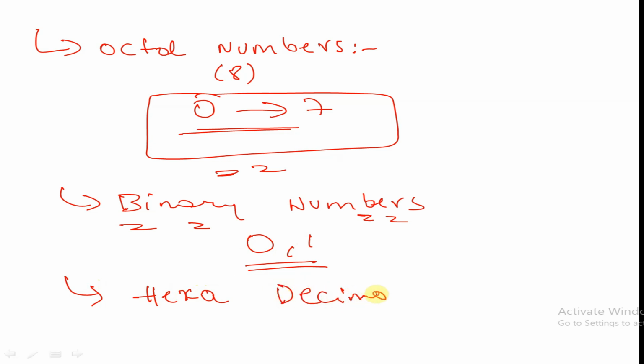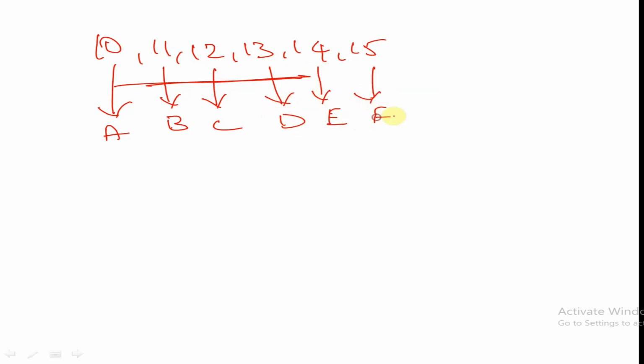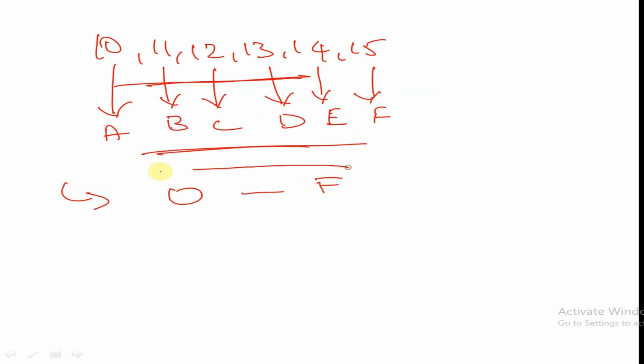Coming to hexadecimal, the range is from 0 to 15. In hexadecimal numbers, we don't write 10, 11, 12, 13, 14, and 15 directly. We have separate notations: for 10 we have A, for 11 we have B, for 12 we have C, 13 is D, 14 is E, and 15 is F. So the range of hexadecimal numbers is from 0 to F, where F means 15.